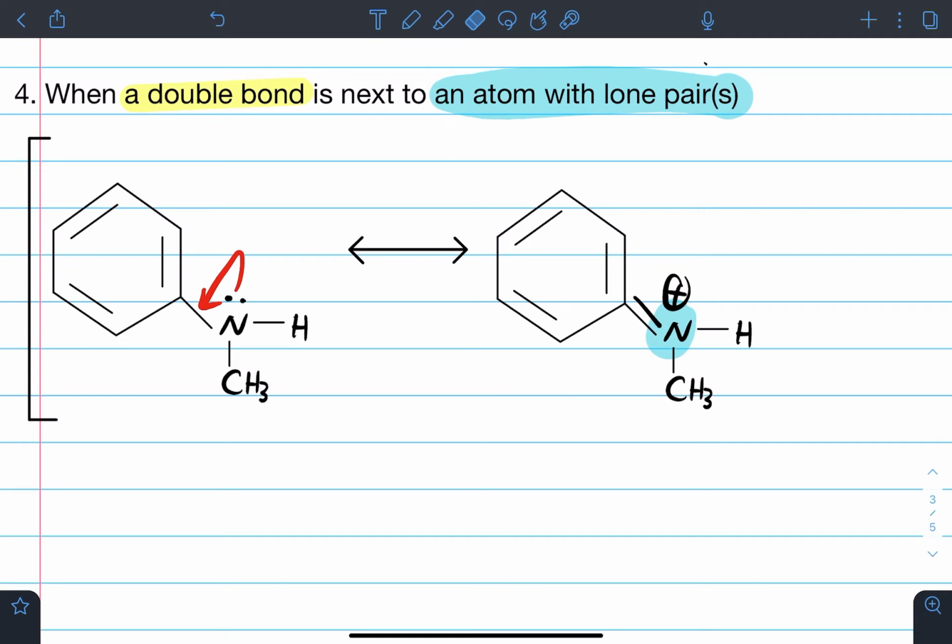The problem is this carbon here; now it has 1, 2, 3, 4, 5 bonds. This creates 10 valence electrons for this carbon, and it's a violation of the octet rule, right? We always want 8 valence electrons on our atom to fulfill the octet rule. So this is a problem that we need to solve, okay? How is that problem solved?